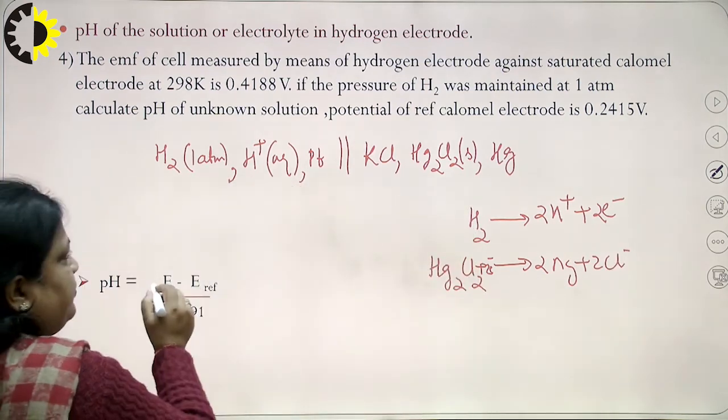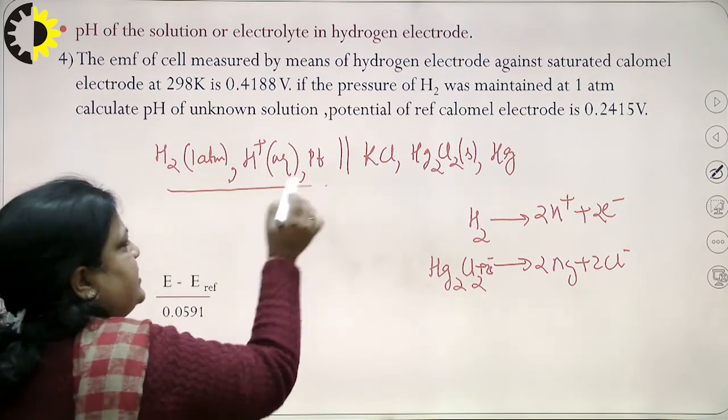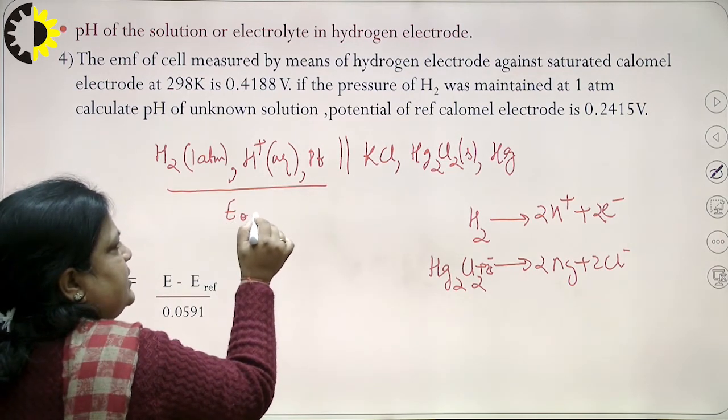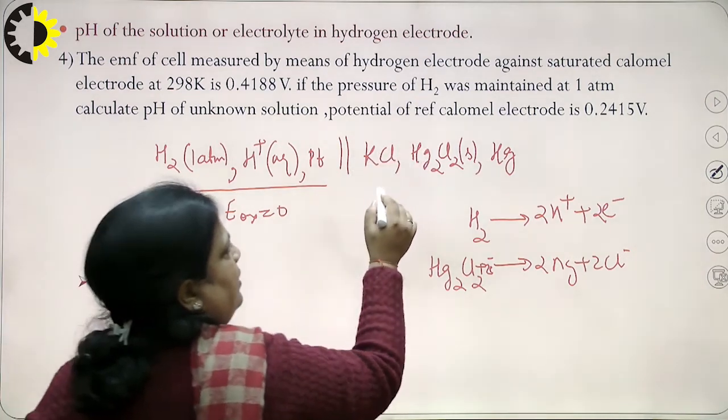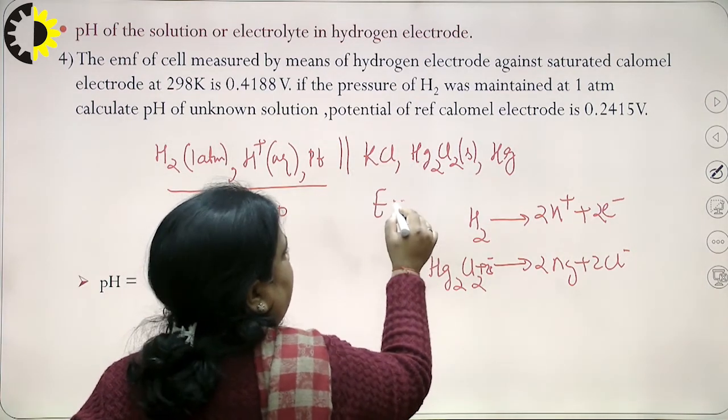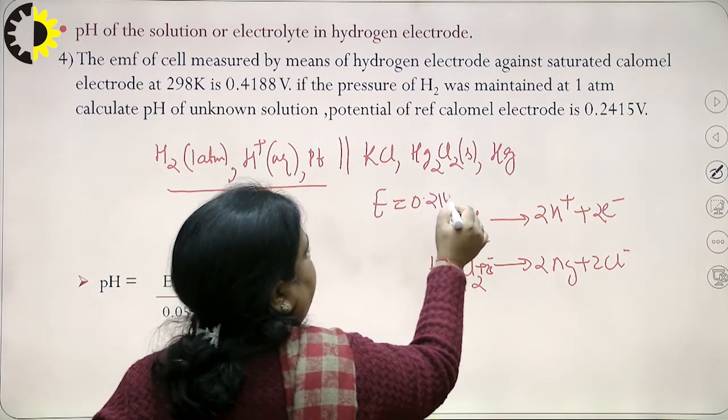So, E oxide is 0, and here the potential of this is given, which is 0.2415.